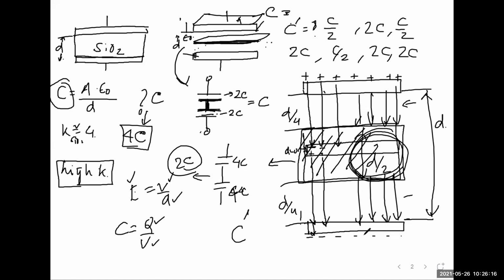So if it is traveling half the distance, then this V will also be half, right? Electric field is V over D. If the electric field is the same and the distance is half, then V is half.